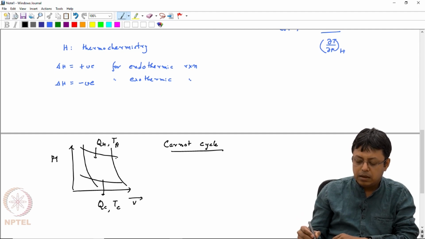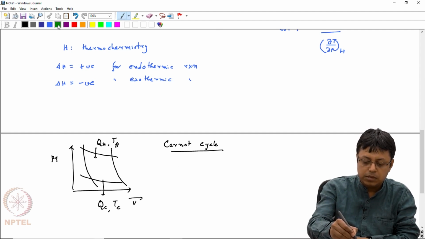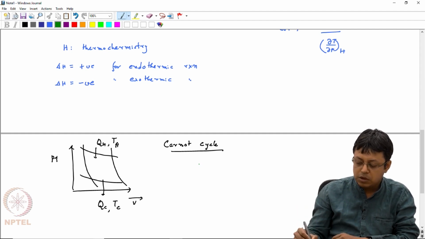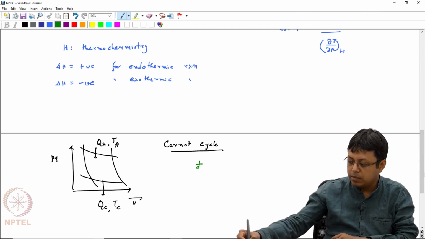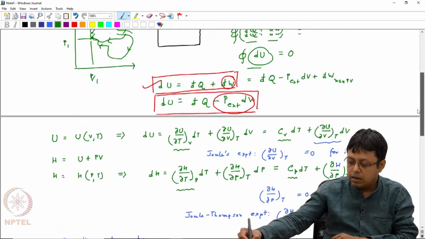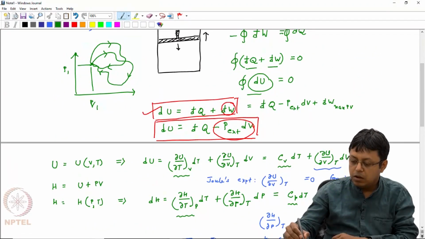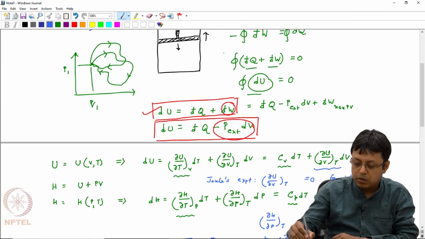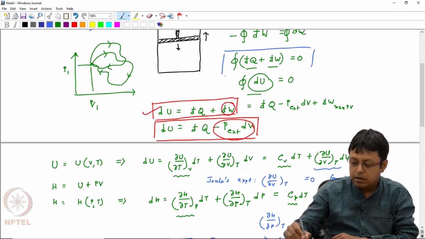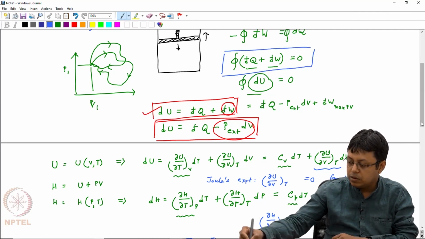In order to understand the work done produced in the entire cyclic process, just like we did for the first law of thermodynamics, we figured out that the cyclic integral of d cross q plus d cross w is equal to 0.